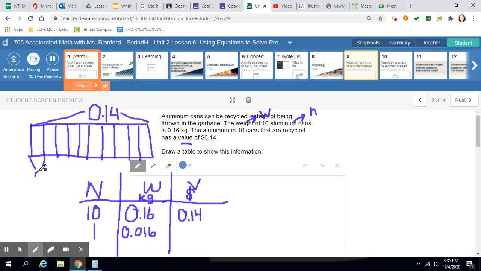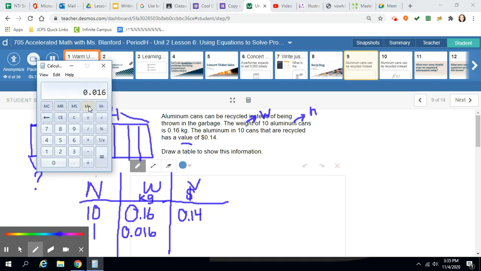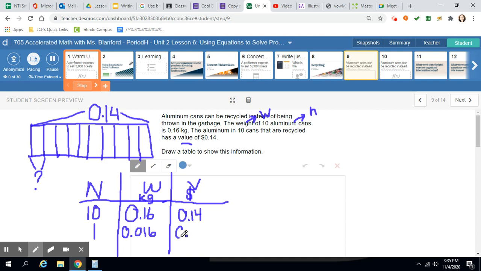So I need to figure out what's one can cost. And so I'm going to divide, even though I kind of already have an idea for the answer, but I'm going to take 14 cents and I'm going to divide it into 10 equal pieces. And I'm going to get 14 thousandths. So that goes over here, 0.014. Okay.